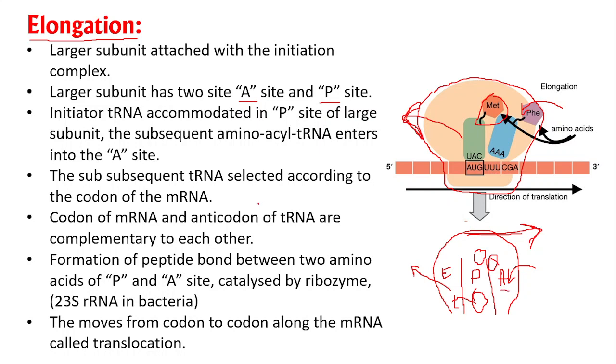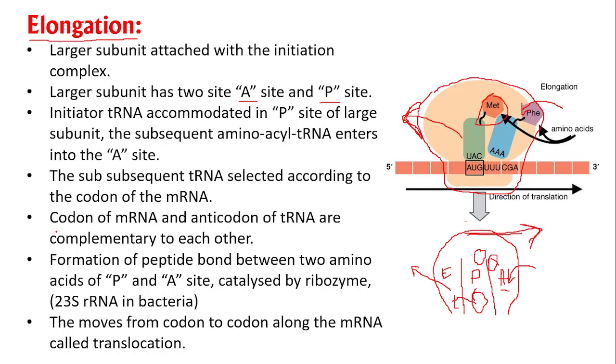Next, the subsequent tRNA is selected according to the codon of the mRNA. According to the codons present on the mRNA, the subsequent tRNAs will be selected and they will come and bind to the A site of the larger subunit of the ribosome.